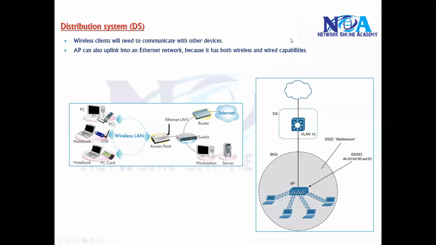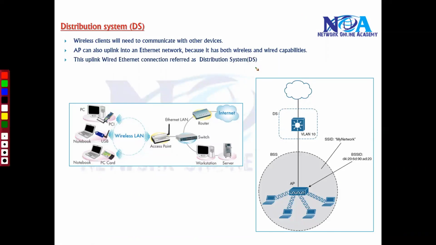Now this uplink from the access point to your wired network, to the switch or to the router, technically we call this a distribution system. The distribution system is the interconnection of your access point from your wireless network to the wired network.